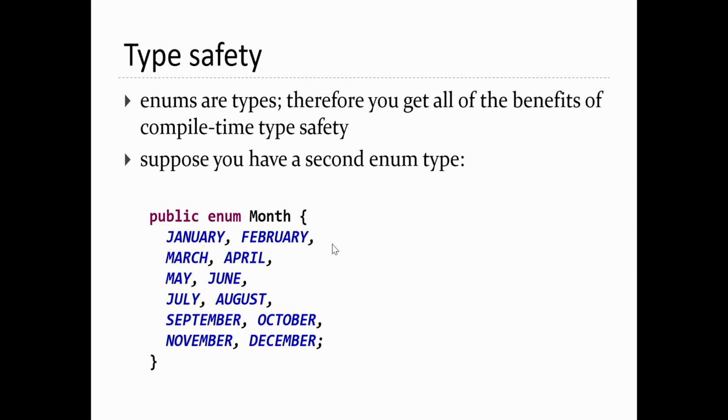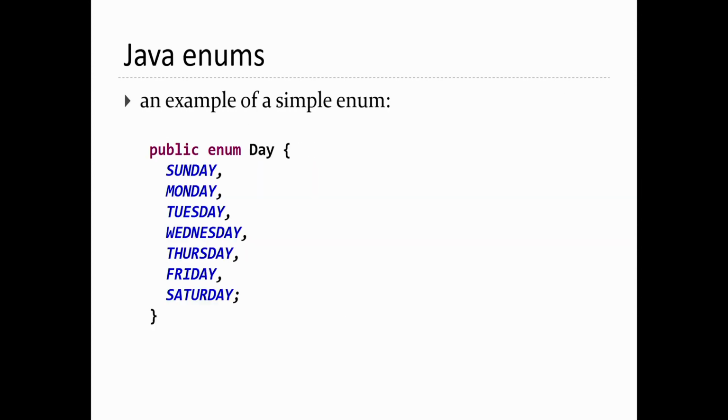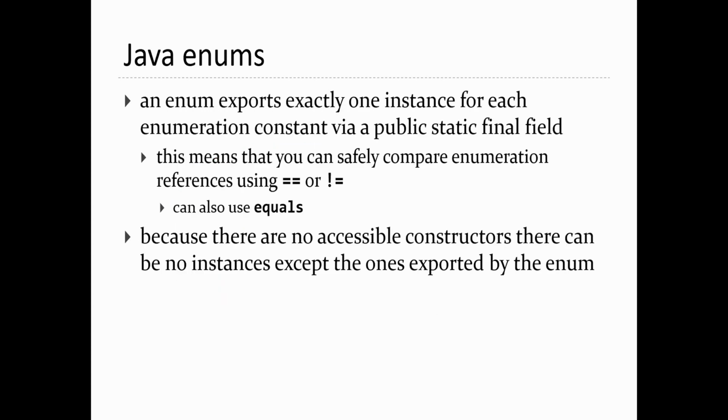I can write a method that takes in a Month, and the only values that method will accept are the 12 values there. I can write a second method that takes in a Day, and the only arguments that method will accept are those 7 objects. So you get type safety as well, which is a big deal.